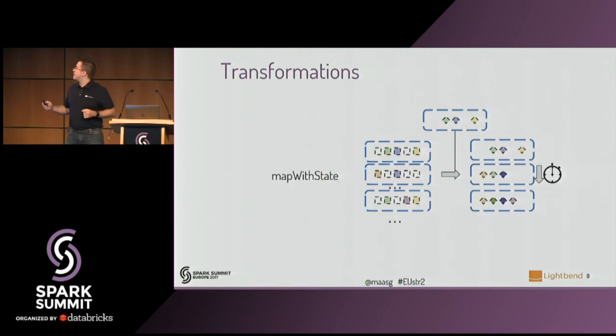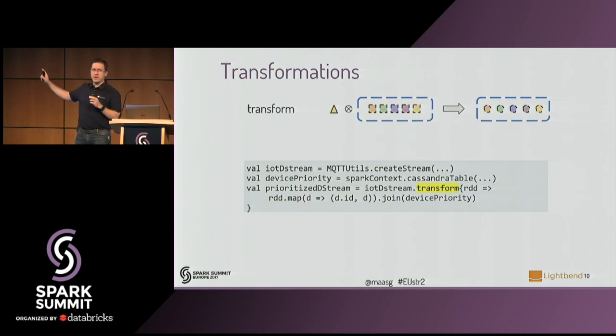All right, so we have stateful operations. Transform is very important because it gives us access to two levels. We have there the Spark level, represented by the RDD, and the Spark streaming level represented by the transform operation. So we get here access to what I call the two-level scheduler. We can get operations running on the driver using the transform operation and operations distributed across the cluster using transformations on top of the RDD.